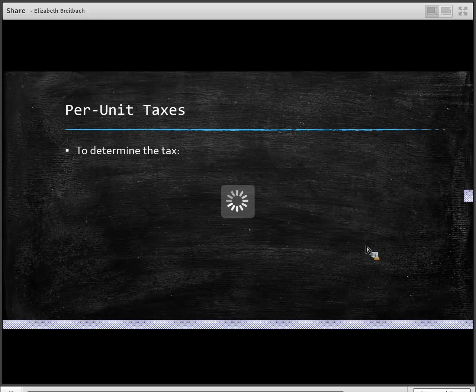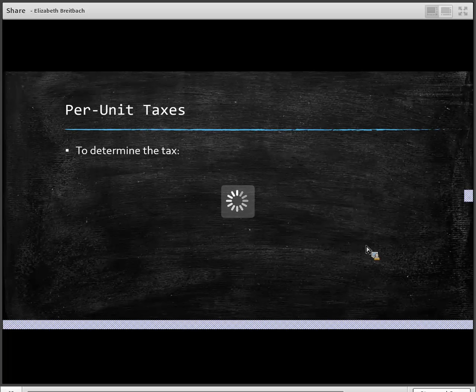All right, so how do we determine this per unit tax? And again, what I'm talking about is for each unit bought or sold in the market, that unit has a set tax associated with it. So it's not a percent tax like our sales tax.